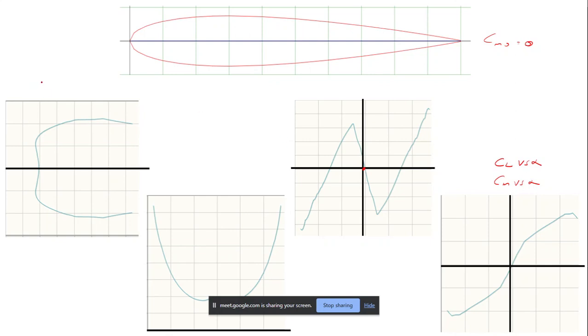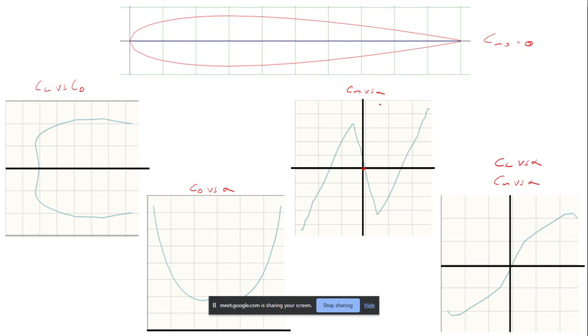First is CL by CD, okay. Then CD versus alpha. And what is this? This should be CM versus alpha. Okay, any other answers? Any other guesses or justifications or anything?